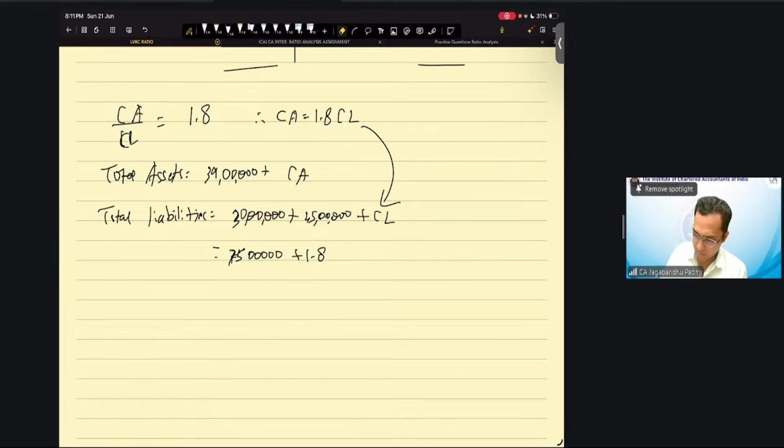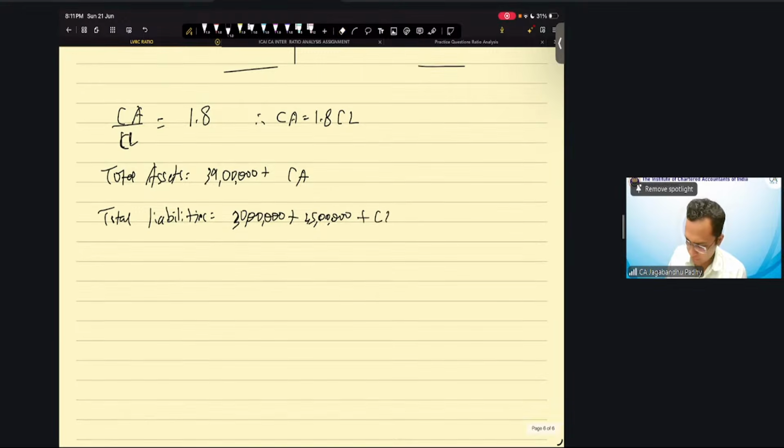Just one second. This will remain as it is. Sorry, this will be plus current liabilities, and this will be written as 39 lakh plus 1.8 current liabilities. So 30 plus 45 is 75 lakh plus current liabilities.